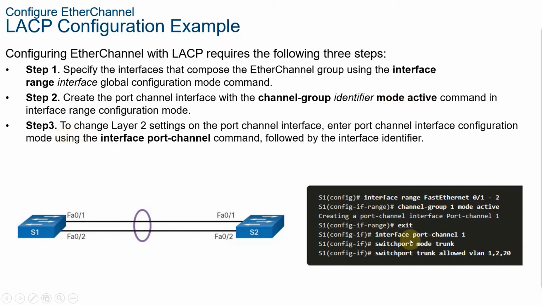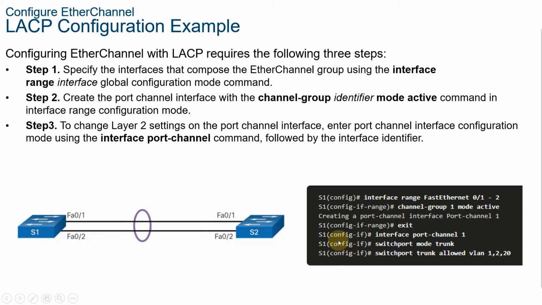Step 3 is we need to change the layer 2 settings on the port channel interface. Enter port channel interface configuration mode using the interface port-channel command, followed by the interface identifier.